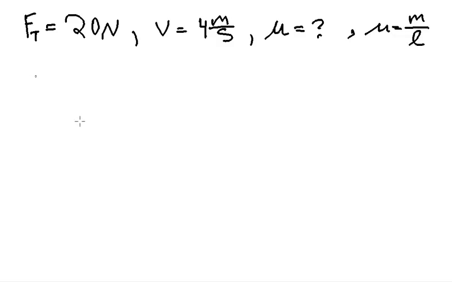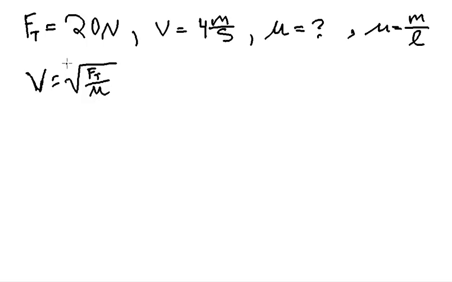All right, so the formula that we have relating these 3: the velocity of a wave is equal to the square root of the force of tension divided by the mass-length ratio. If we're trying to solve for this down here, we've got some algebra to take care of.